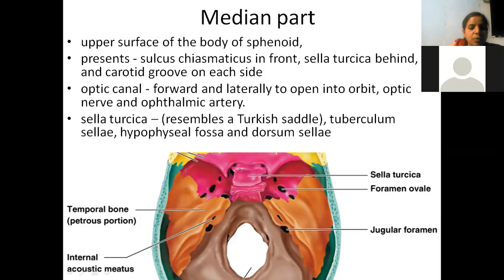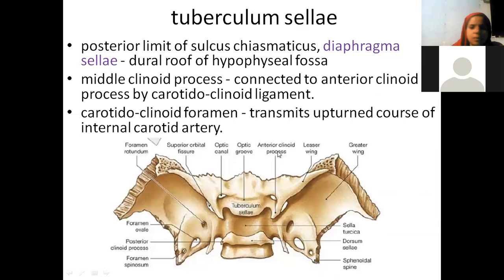This is the optic canal, which gives passage to not only the optic nerve but also the ophthalmic artery. Then the sella turcica, you already know, is like a saddle. That is the hypophyseal fossa, everything we have discussed. This is the tuberculum sellae.